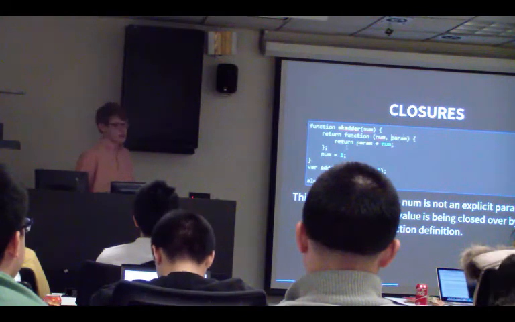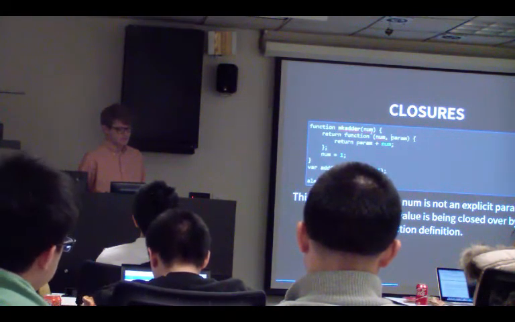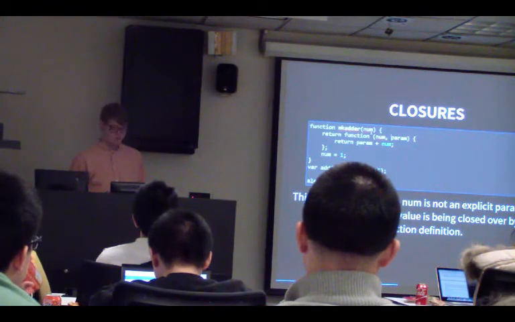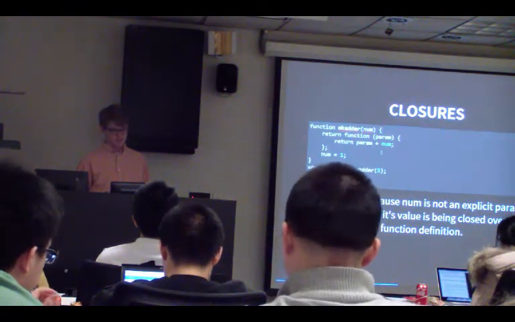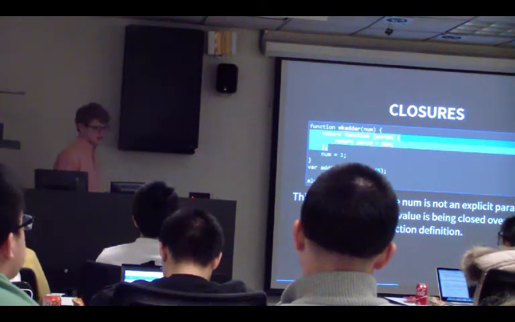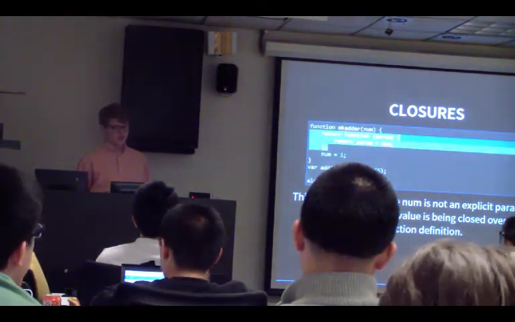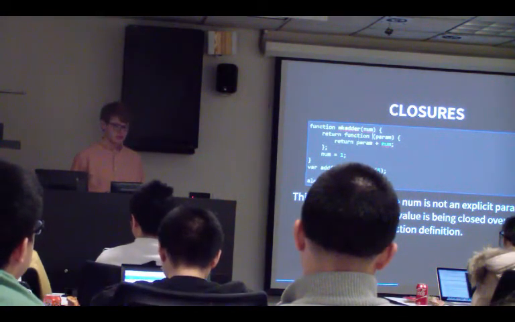So you would explicitly say the parameters instead of implicitly saying them. But closures make the syntax a little bit nicer, because it's not actually a parameter to that function that you're creating. It's something that's part of the environment when you're actually defining a function.